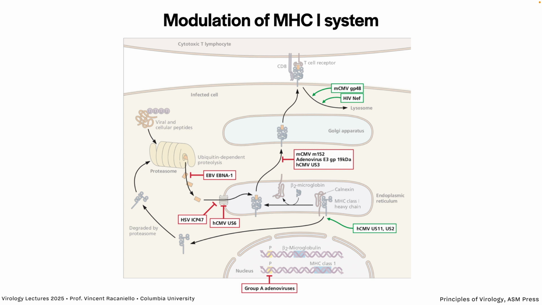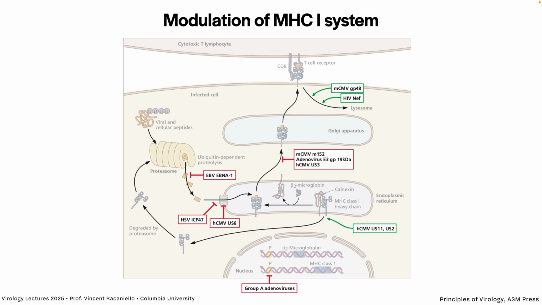Now, the faded picture here we showed you before, and that is how peptides are displayed in MHC1. And then in more sharp focus are the ways that viral proteins antagonize MHC1 function so that their infected cells are not destroyed by CTLs. Part of the presentation response is to take viral peptides.